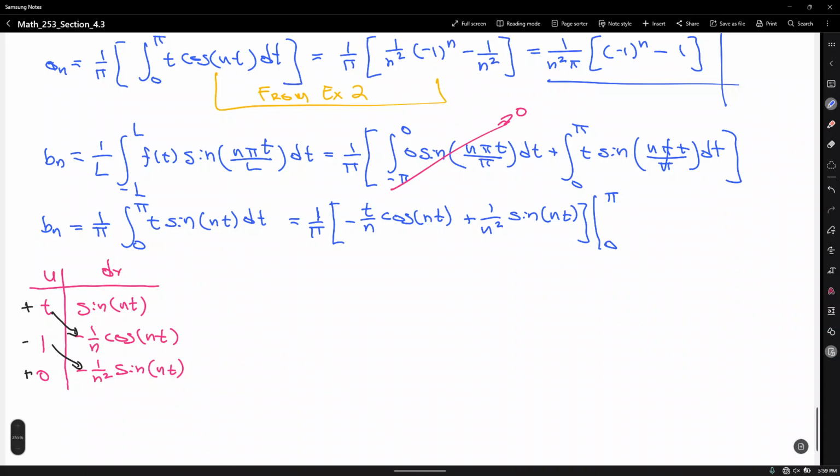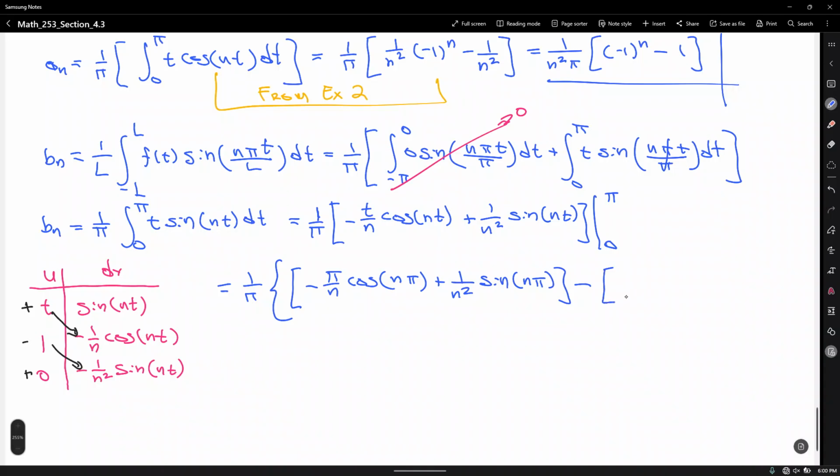Just like we did in the previous example, let's do upper limit minus lower limit. Yes, we have a lot of letters going on, but it works the same. So 1 over pi, open curly braces, then open brackets for the evaluation at the upper limit. Be careful with signs. That is negative pi over n cosine of n pi plus 1 over n squared sine of n pi, close brackets, and subtract the evaluation at the lower limit 0.